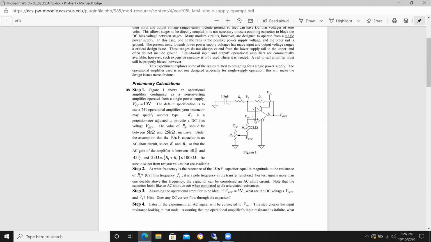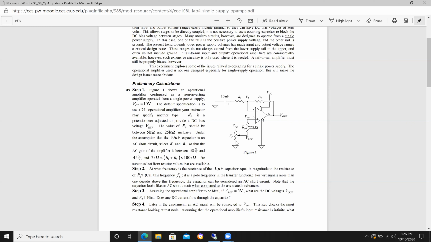And current can't flow into the input of an op amp. So if current can't flow between the wiper through VREF up through RB to VN, then by Ohm's law, if there's no current drop across this 22 kilo ohm resistor, then VN and VREF must be the same value, right? They are. Okay, so that's what's used to set your voltage coming in.